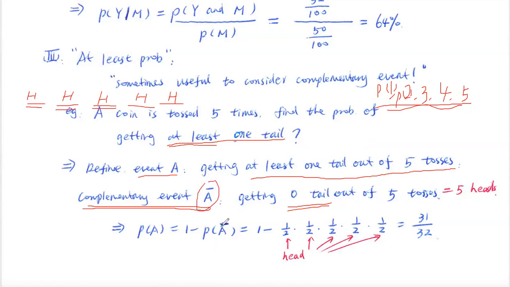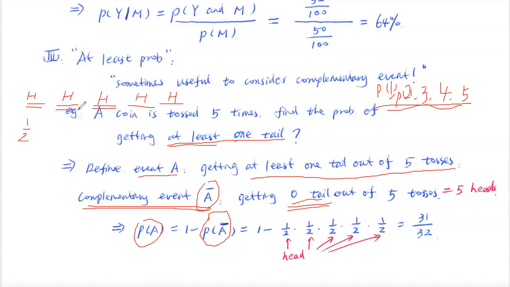Now, if we can find P(A bar), then how do we solve P(A), the probability of at least one tail? We use 1 minus P(A bar). Follow me? So how do we find the probability of A bar, the probability of getting 0 tails? For the first coin, what's the probability of getting a head? 1/2.